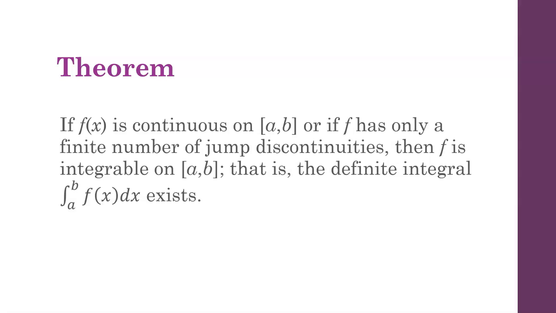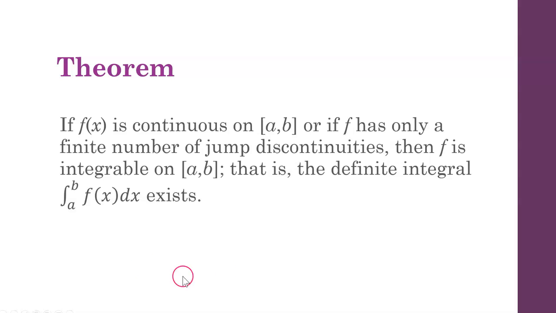Okay, so can we always do this? Can I always find the integral of a function? Well, the integral is defined as the limit as n goes to infinity of some sum, so that limit must exist.